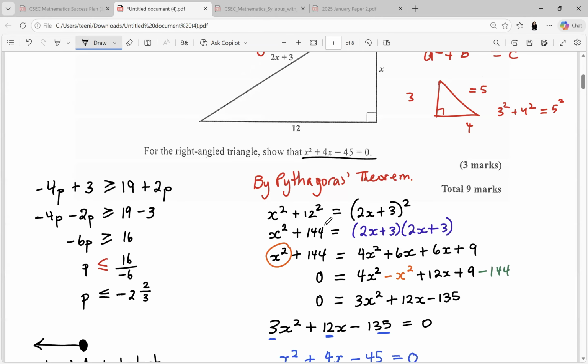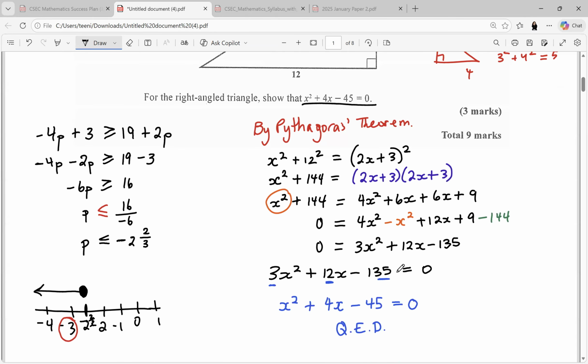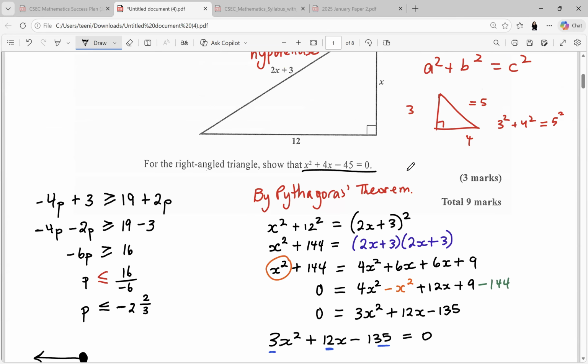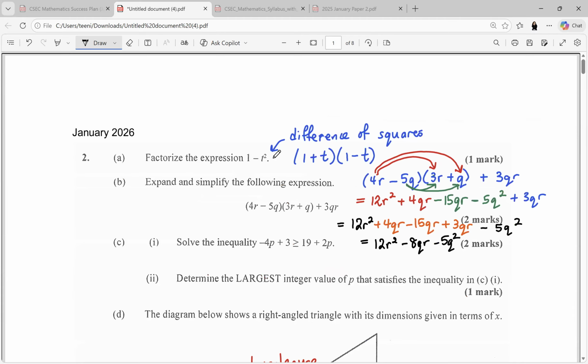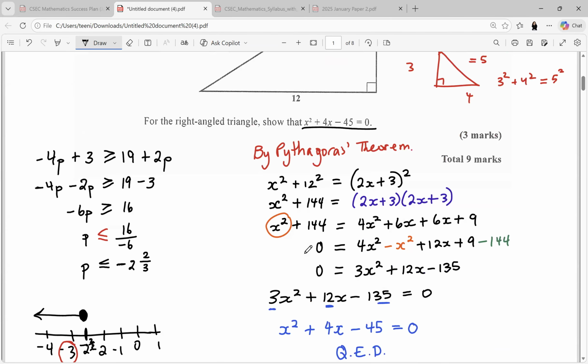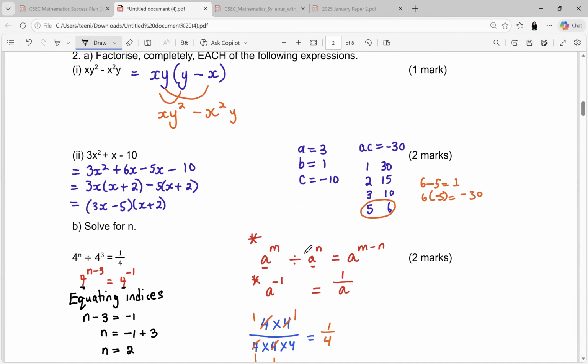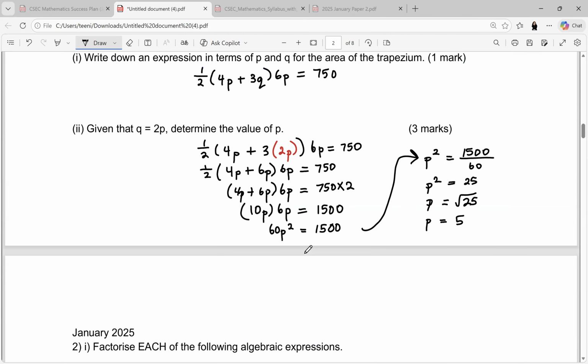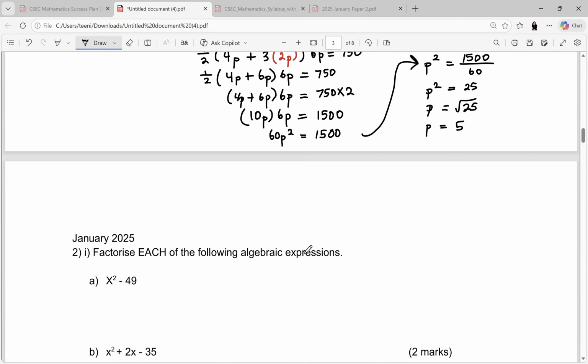We recall Pythagoras' theorem as well, with expanding brackets, factorizing quadratics again, a difference of squares, which kind of counts as that too, and expanding brackets. So far, those are the different things that we've looked at. If you are finding difficulties with any of those, please let me know afterwards, right?